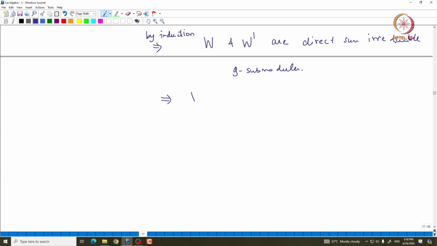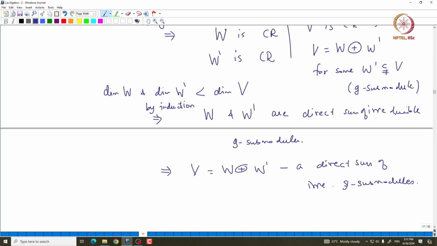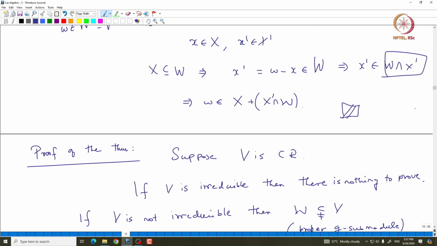So, V, being W direct sum W dash, is a direct sum of irreducible submodules. Okay. So, this completes one side of the proof. By induction, one can see that V is itself a direct sum of irreducible submodules.